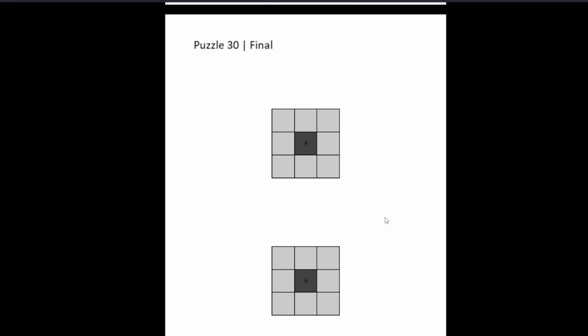There must be something that forces this solution. Let's see. Plus sign indicates that the 3 by 3 area around this. That's all we know. We just know the plus sign is related to this 3 by 3.